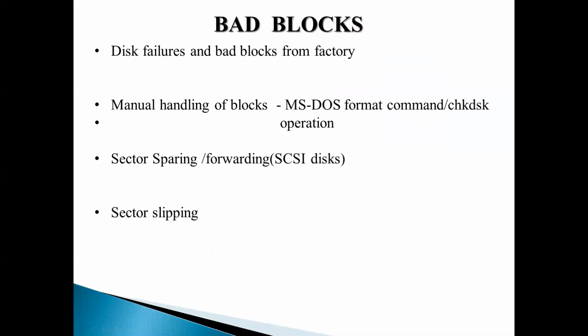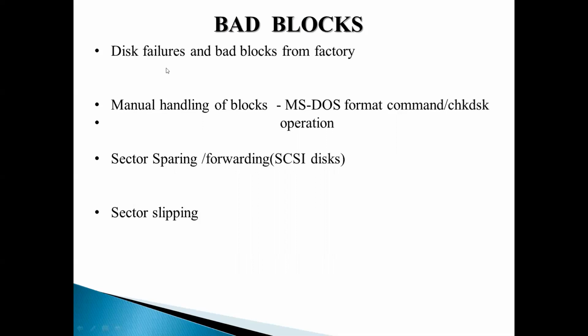The third task of disk management, which is performed by the operating system, is handling of bad blocks. Now, bad blocks happen due to a variety of reasons. One is that your disk contains a lot of moving parts, like your read-write head. The read-write head constantly moves to locate the desired track or the desired sector. So disks are prone to a lot of failures.